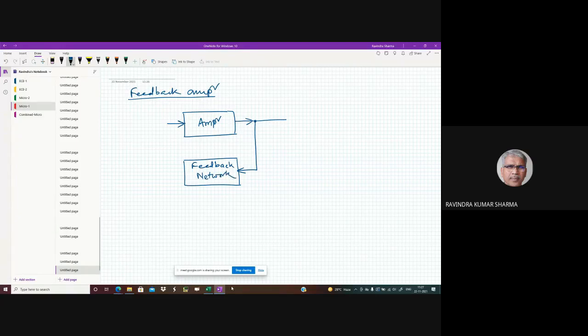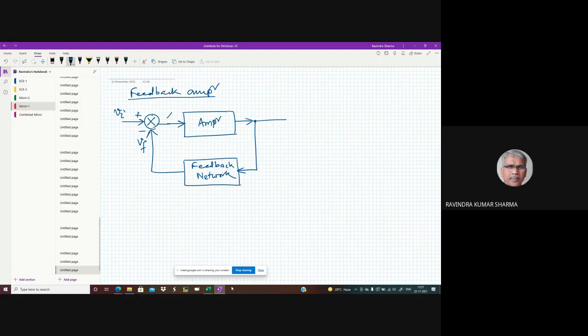Feedback network, and the output of the feedback network is now mixed with the input. In this way. So this is the feedback voltage, and that's the input voltage.